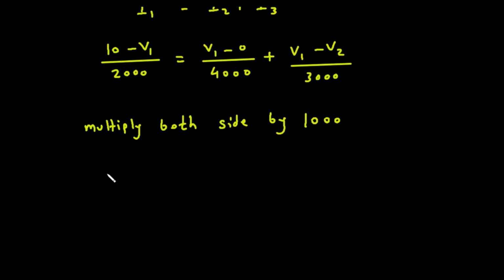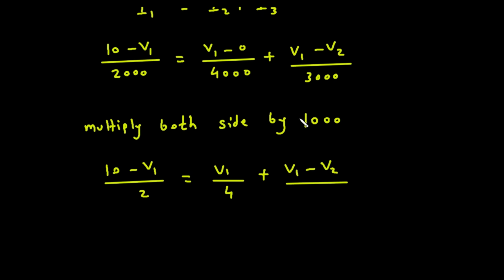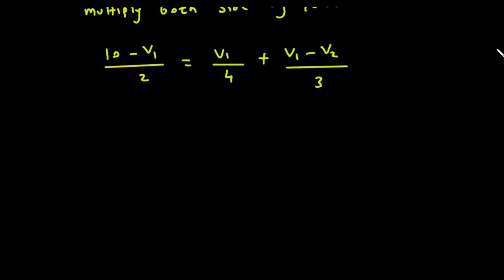So it will be simply 10 minus V1 divided by 2 is equal to V1 divided by 4, then plus V1 minus V2 divided by 3. Now here we can further simplify this. So it will be 10 divided by 2 minus V1 divided by 2.